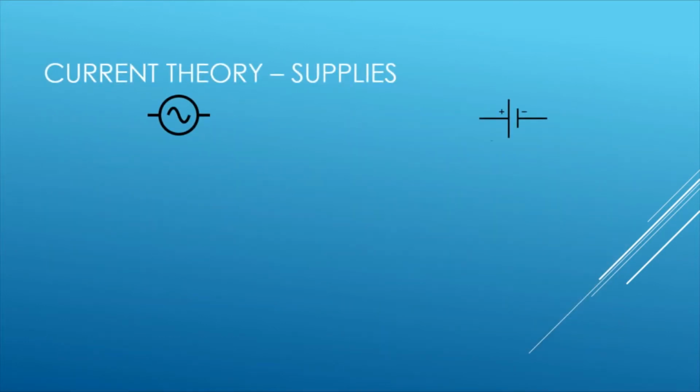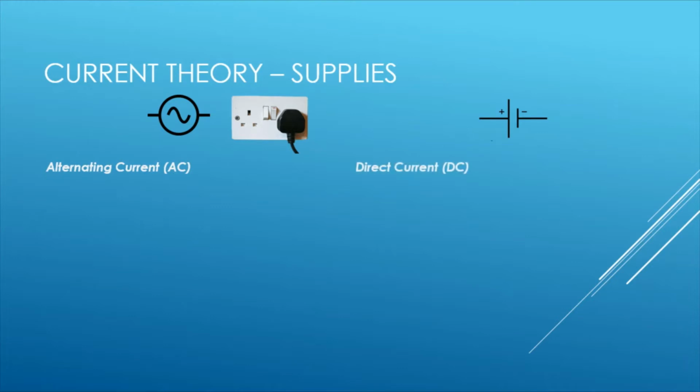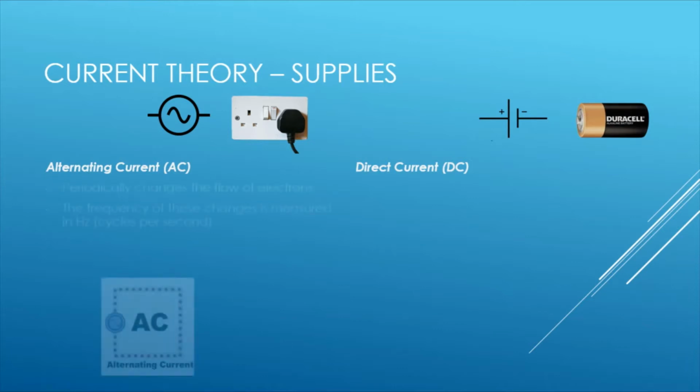So current theory, supplies. Now you see two circuit symbols here. We have alternating current, which is what you find in a household socket. And you've got direct current, DC, which is very common battery stuff that you'll find lying around that you plug into the back of remotes and stuff.